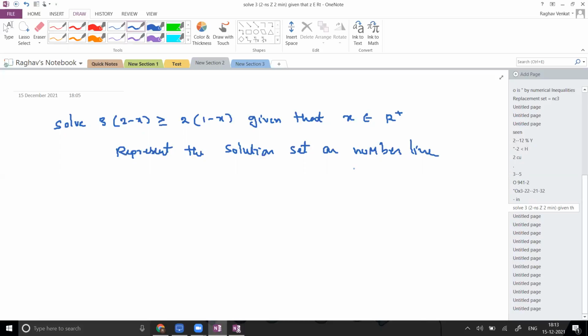Zero to 4: 0 open interval, 4 closed interval. So the answer will come like this: 0, 4, on the number line. That's it. If you want, you can represent 1, 2, 3, 4 up to 6 or 7 numbers, and we can make it a little bit clearer.